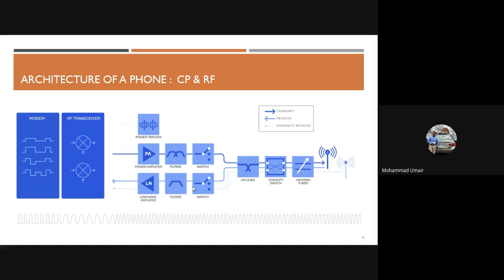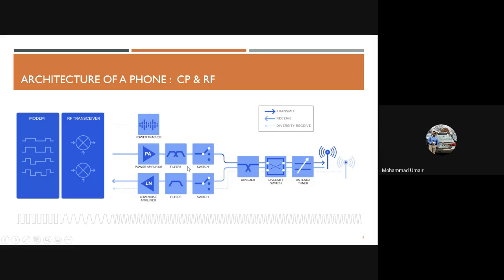Fine. So this is just a small slide showing how the RF circuit works. As I told you, no form of communication in the world is truly digital when it's getting transmitted. You can see that you have a modem baseband processor which has all the digital data, but when it finally comes to the RFIC or RF transceiver, all the digital data is modulated onto an analog carrier, which you can see at the bottom of the slide, and finally it is power amplified.